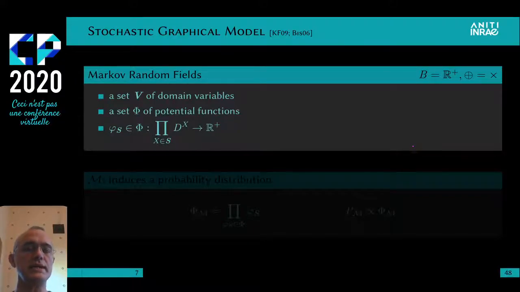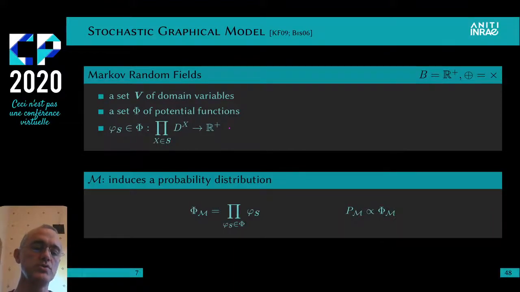Now, let's shift to a purely numerical example, just to give some contrast. A stochastic graphical model called Markov random fields. You have the usual variables and functions, but this time the functions are numerical and they emit non-negative real numbers. And then you combine all those small functions using the product.